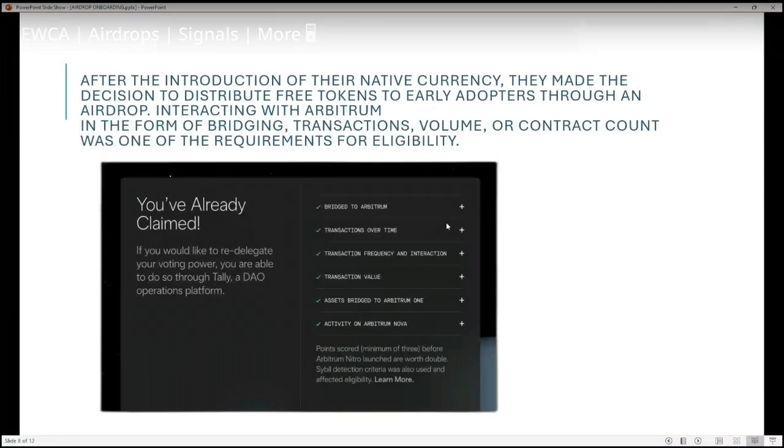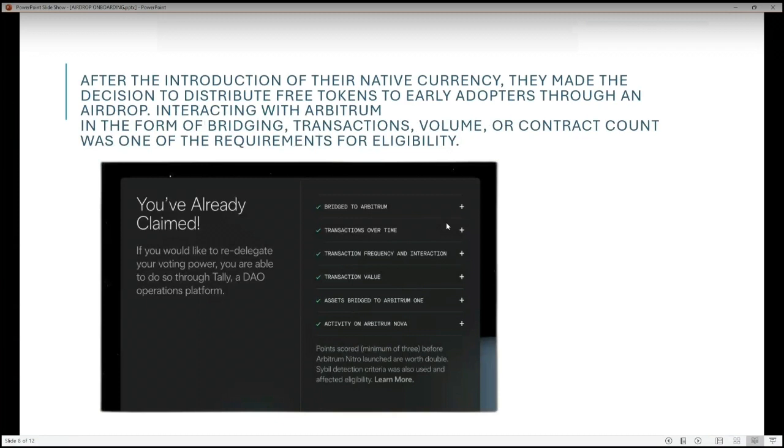After the introduction of their native currency, the ARB, they made the decision to distribute free tokens to early adopters through an airdrop, based on interacting with Arbitrum in the form of bridging. Now, these were the criteria that Arbitrum decided to use to give out their airdrop.